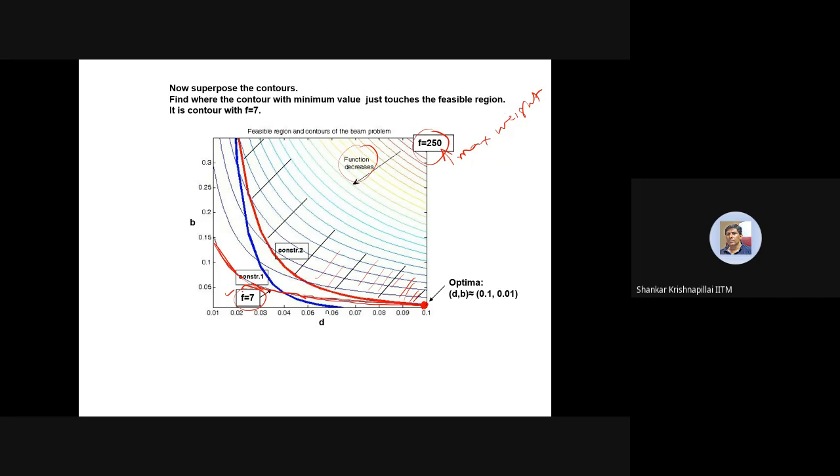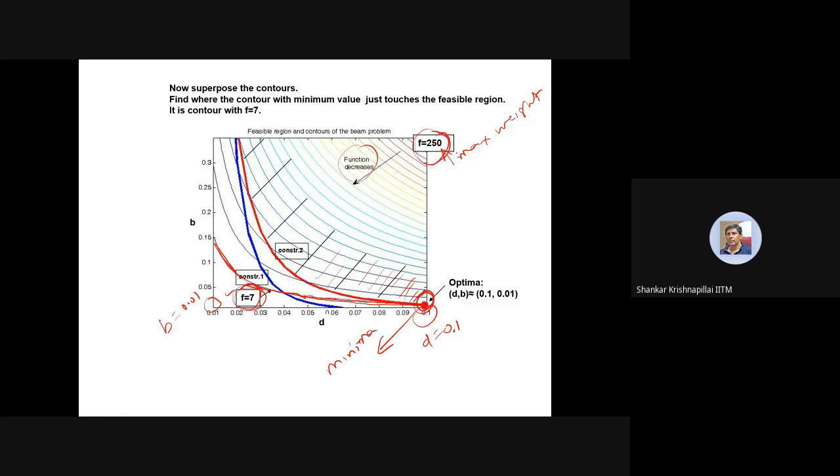So weight of 7 kilogram is just attainable if you use D equal to 0.1 and B equal to 0.01. So this is the minimum. So what is the maximum weight of the beam?